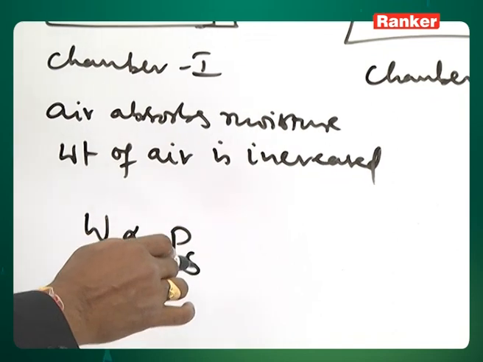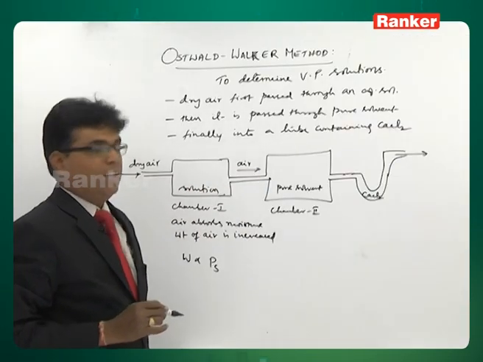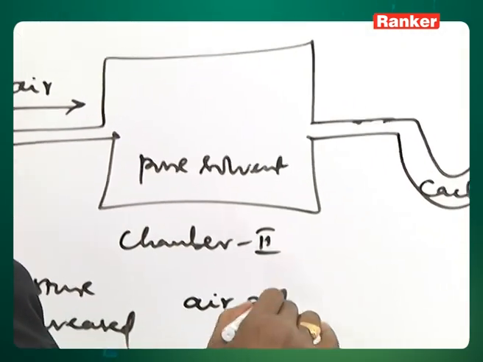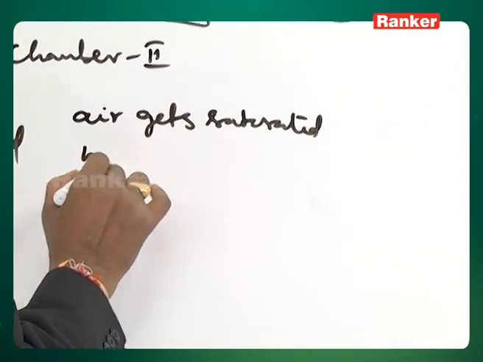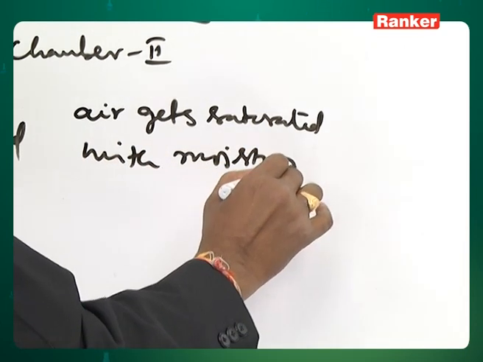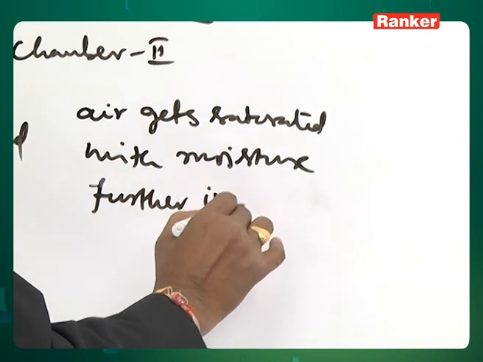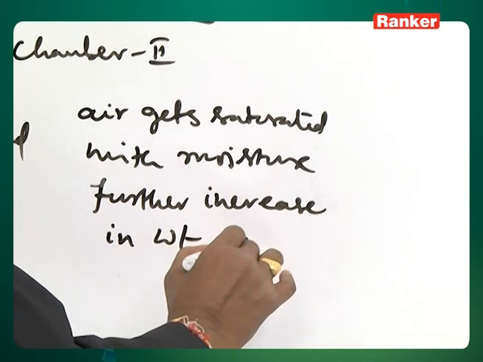This is directly proportional to the vapor pressure of the solution, and further when it is passed over pure solvent, the air gets saturated here with moisture. So, a further increase in weight takes place.